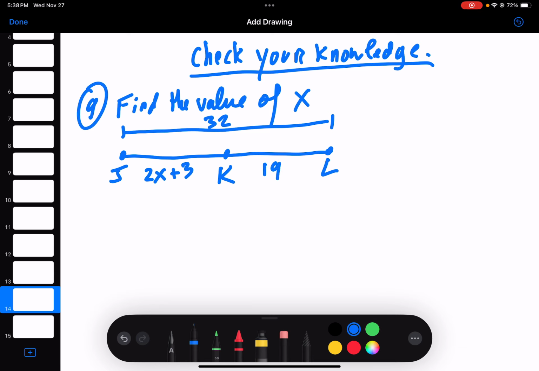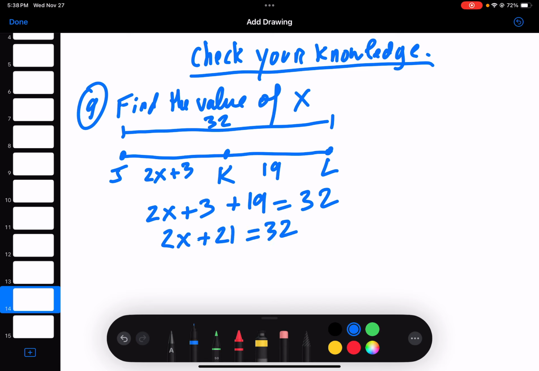So again, we can do some algebra. We have 2x plus 3 plus 19 is equal to what? To JL, which is 32. Now we just have to rearrange, right? So we have 2x plus 21 is equal to 32.